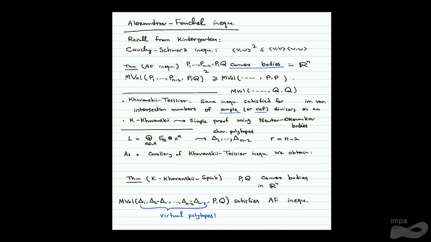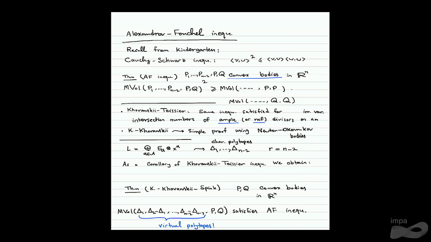But if you have n-dimensional polytopes, a mixed volume has n inputs, and you fix n minus 2 of the inputs, so P1 to P(n-2) are fixed polytopes.